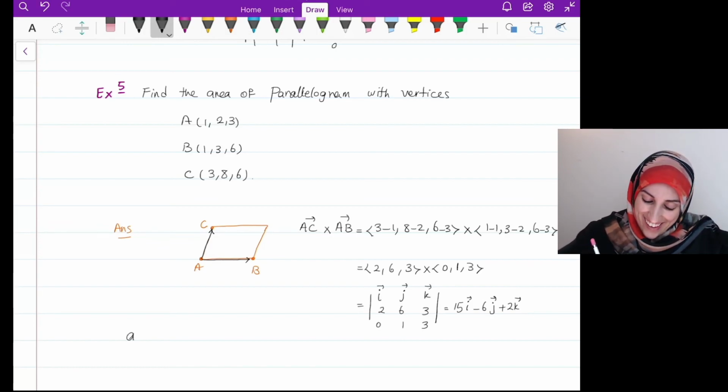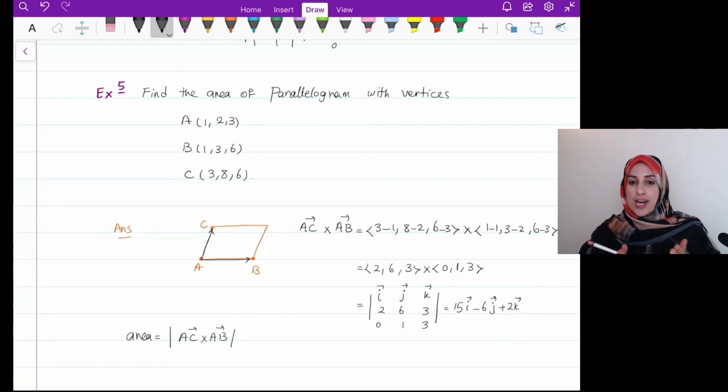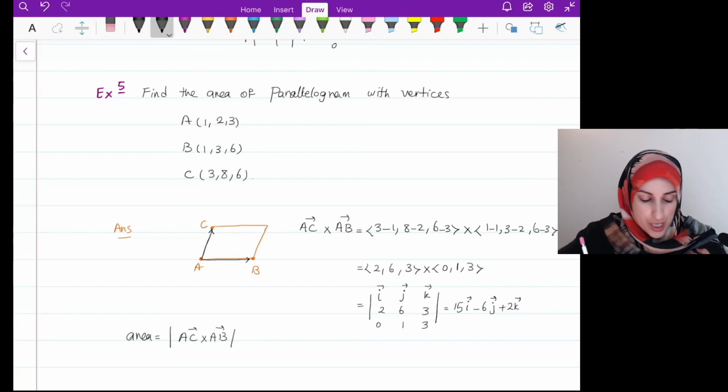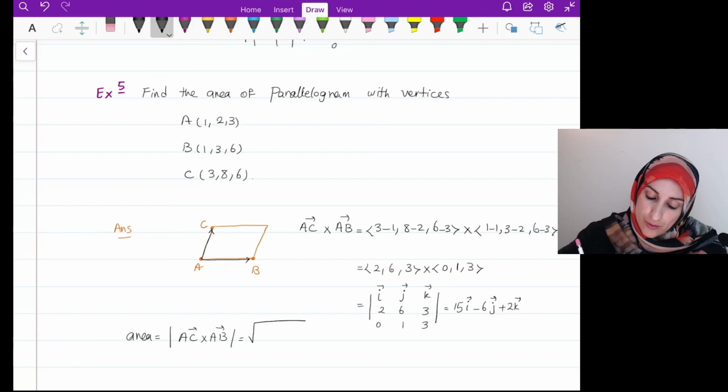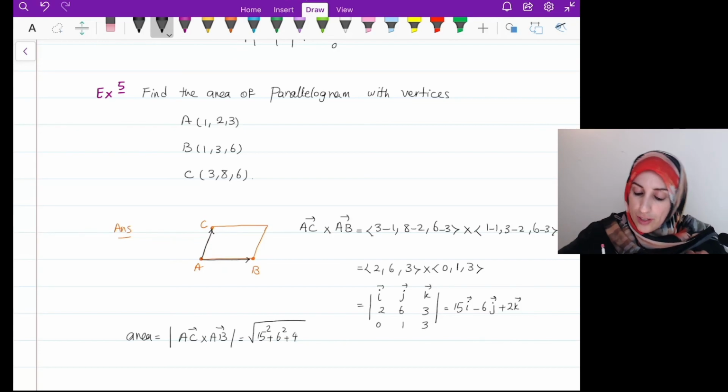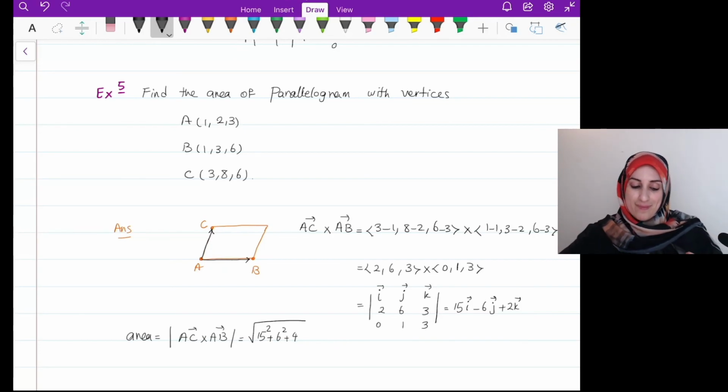And then the area would be the length of this vector, AC cross AB. That's the definition of the area of the parallelogram. All you need to do is find the sides and then find the length of the cross product of the sides. So it would be the square root of 15 squared plus 6 squared plus 4. Great.